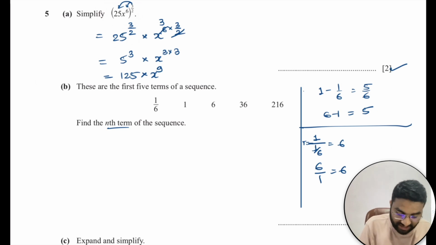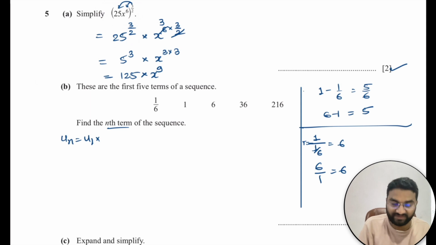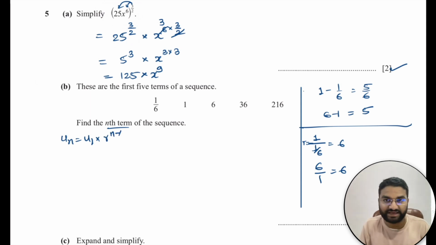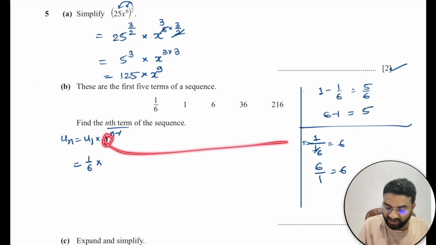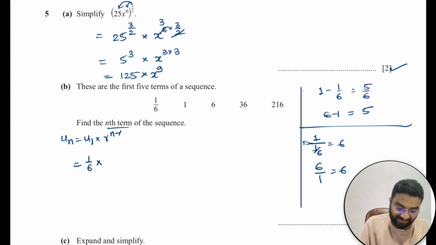We have a general equation, un is equal to u1 times r raised to n minus 1. This is the nth term of exponential form. Here u1 is 1 upon 6 and r we got as 6. So you can substitute it as 6 raised to n minus 1.